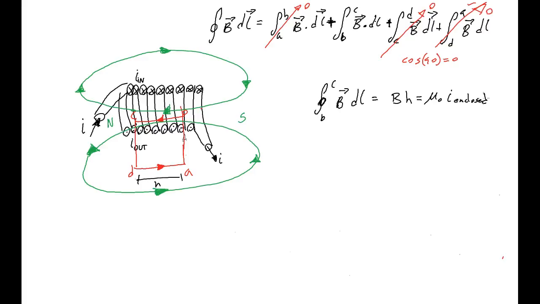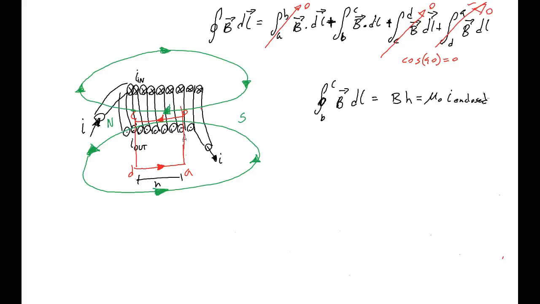Can you repeat the question? How much current is passing through the plane enclosed by the Amperian loop? Would it be the current in times the number of loops? Yep. The number of loops enclosed times the current passing through each loop. So we have to worry about how many coils are enclosed, right?